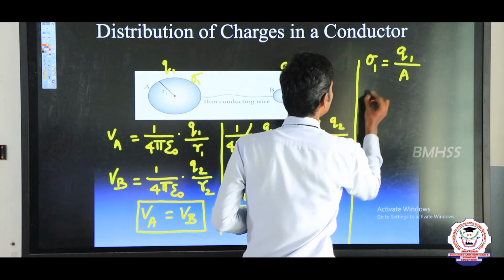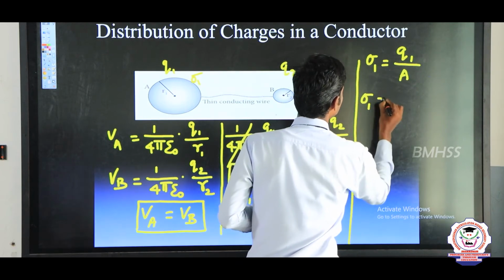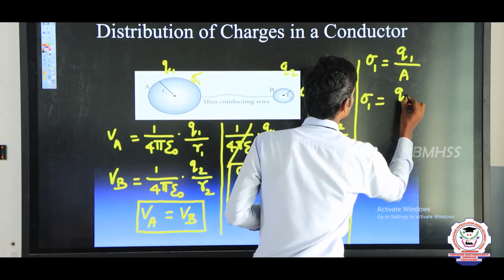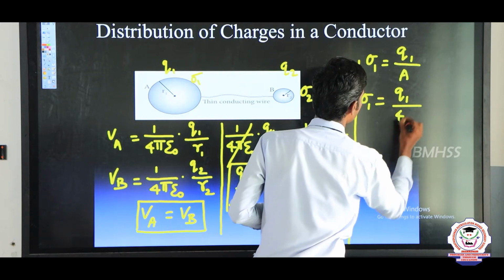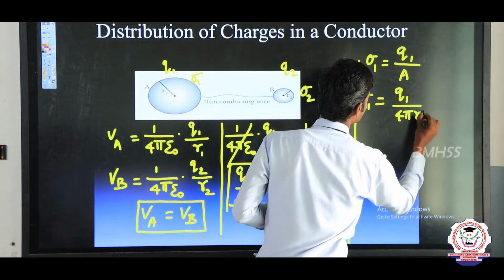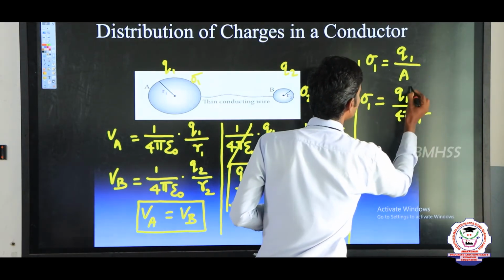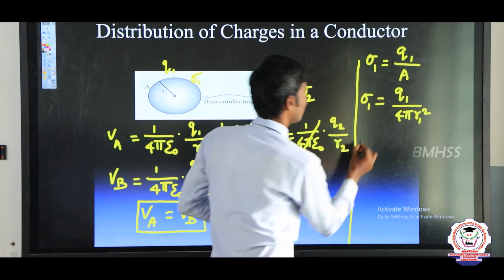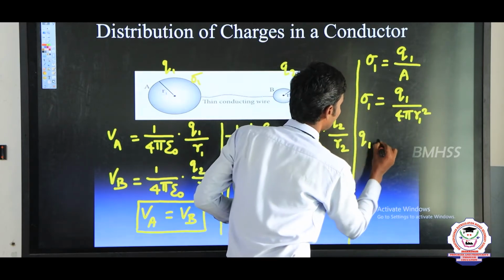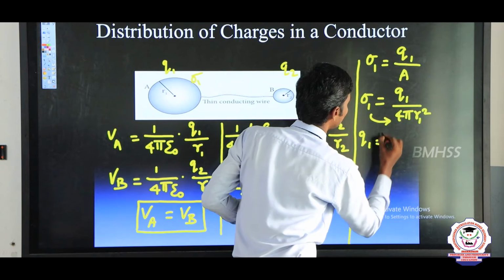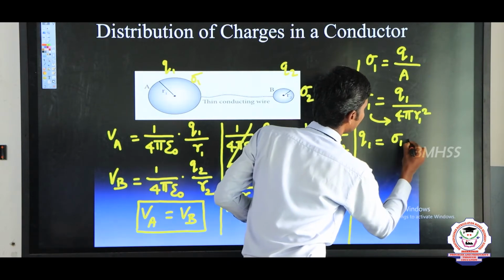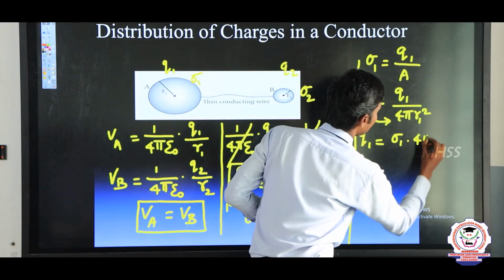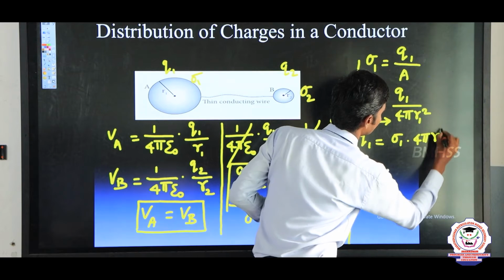So applying this value here, sigma 1 equal to Q1 by 4 pi R1 square. We need charge only, so Q1 equal to, cross multiplying, sigma 1 into 4 pi R1 square.